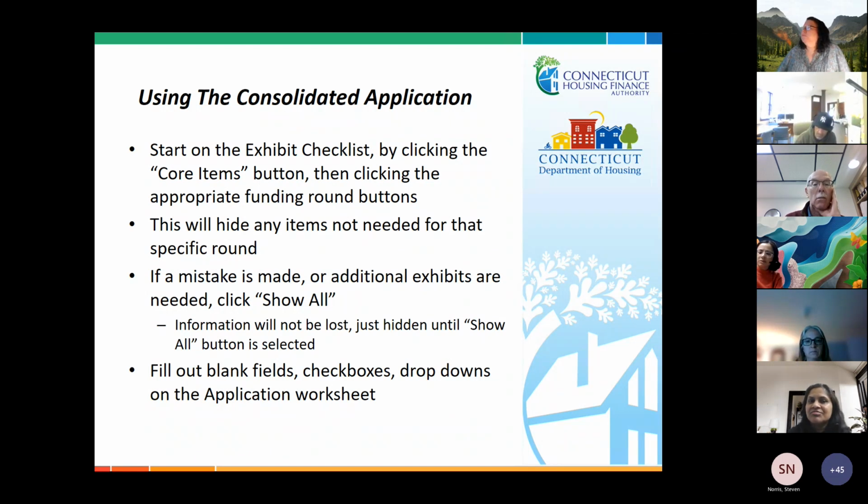This will hide any items not needed for that round. Don't worry if a mistake is made or additional exhibits are needed, you can always click show all and repeat the process. Remember, information will not be lost, just hidden until the show all button is selected. Fill out blank fields, check boxes, and drop downs on the application worksheet to fulfill the task. Next one.